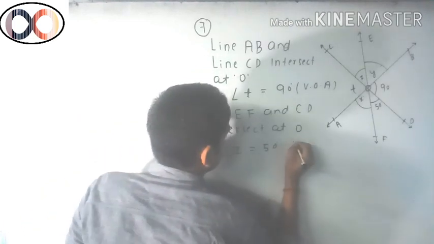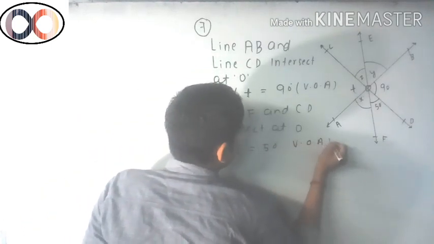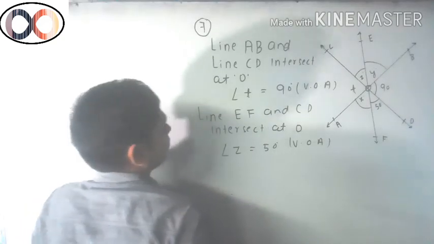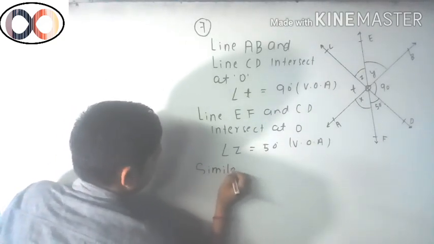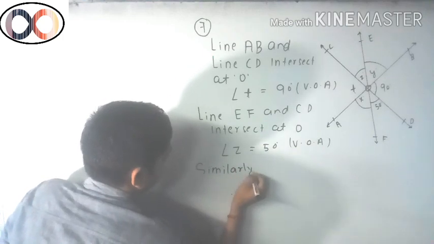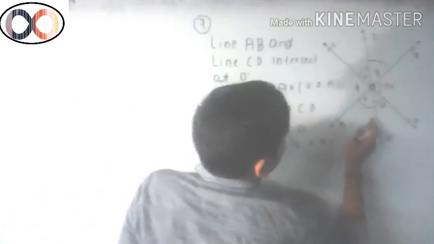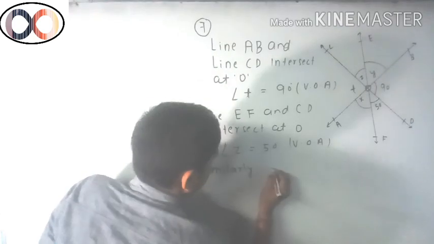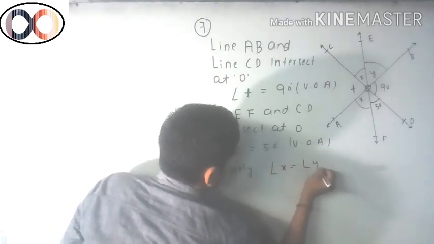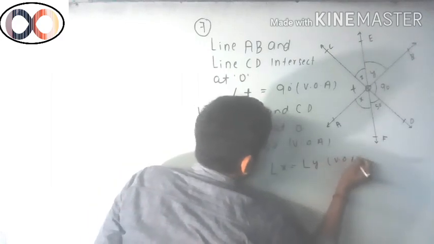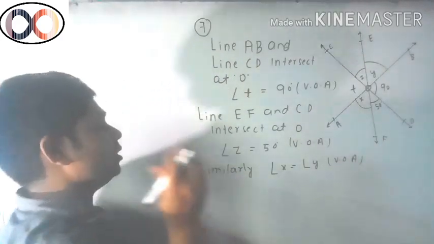This is the reason of vertically opposite angles. Similarly, we can say the angle x equals angle y. This is the reason of vertically opposite angles.